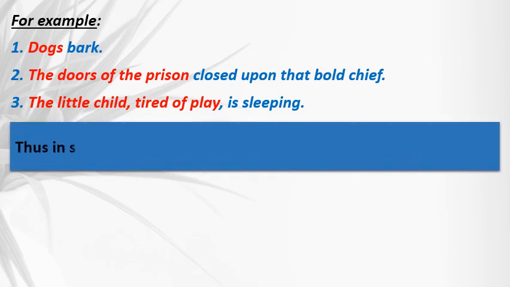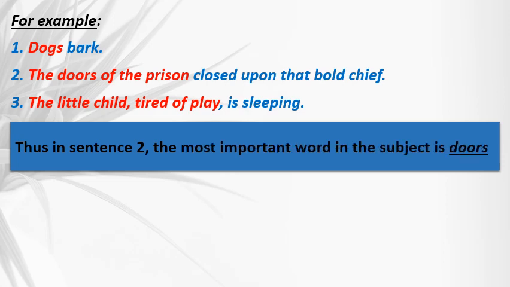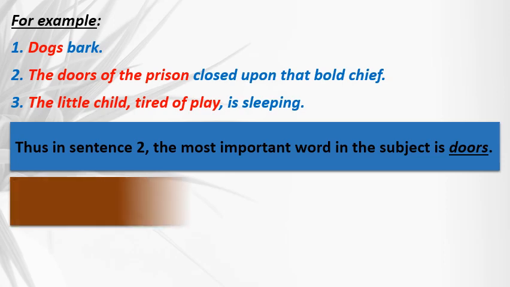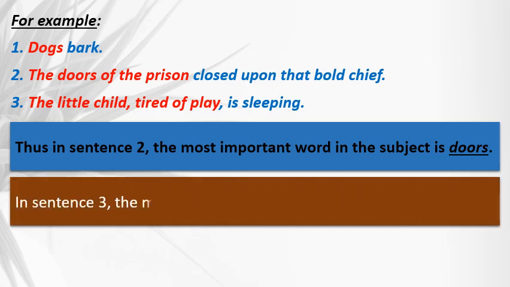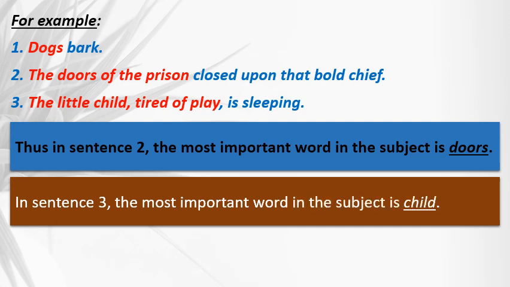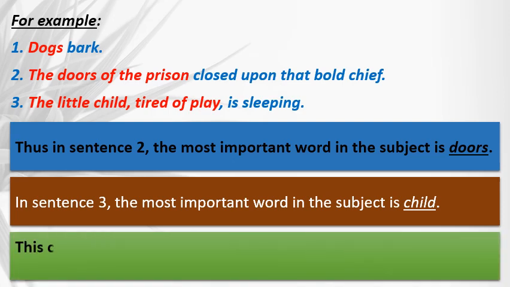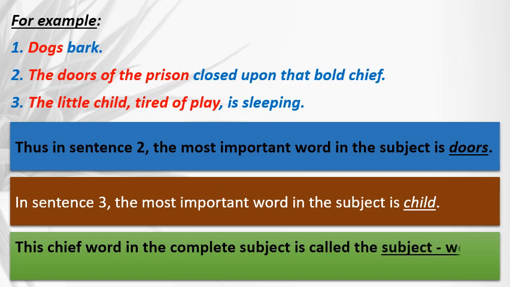Thus, in sentence 2, the most important word in the subject is doors. In sentence 3, the most important word in the subject is child. So, the chief word in the complete subject is called the subject word or simple subject.